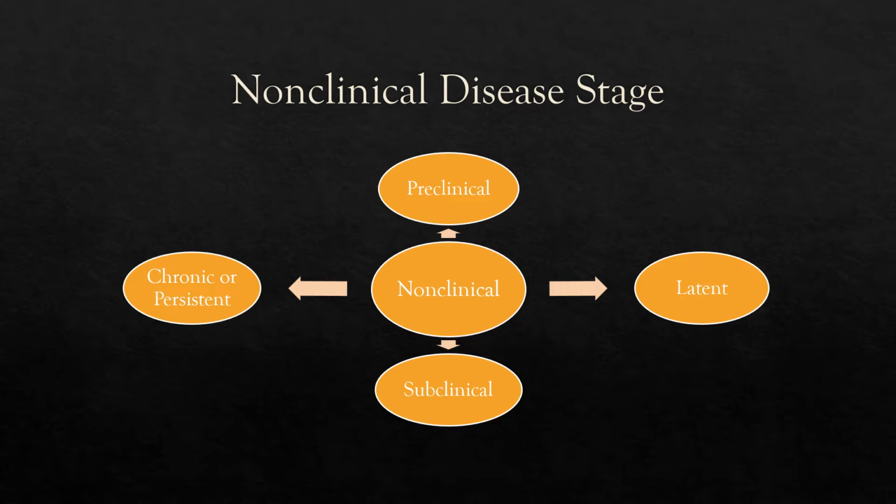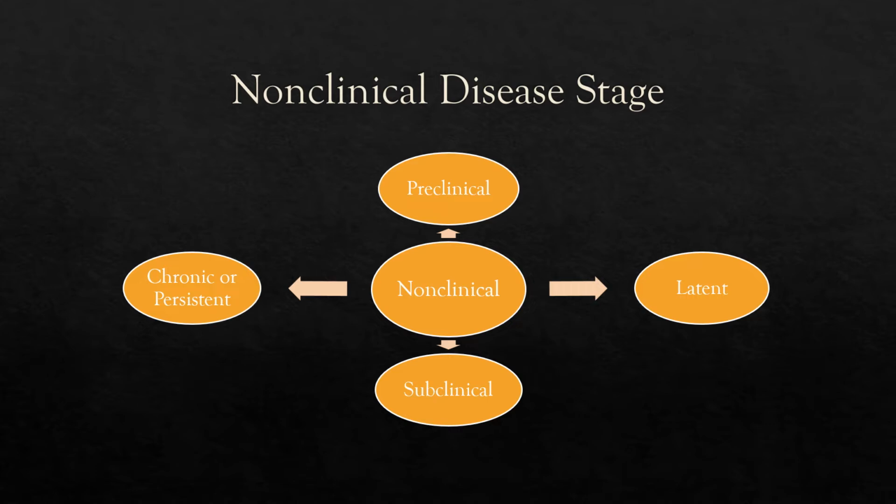So if you think about tuberculosis, for example, someone who may be exposed to tuberculosis and may seroconvert but doesn't have any active symptoms or evidence of disease may be in the latent stage of disease, as opposed to somebody who's not exhibiting any symptoms and has had an exposure but hasn't necessarily converted.